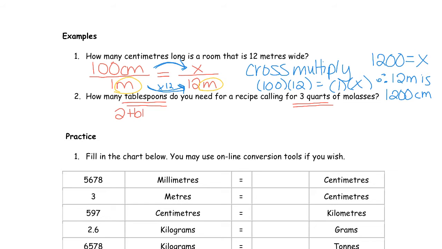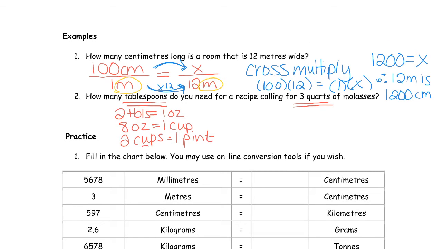So what we would do is we would recognize that we would have 2 tablespoons in 1 ounce. Okay, then we recognize that we have 8 ounces in 1 cup. Then we recognize that we have 2 cups in 1 pint.